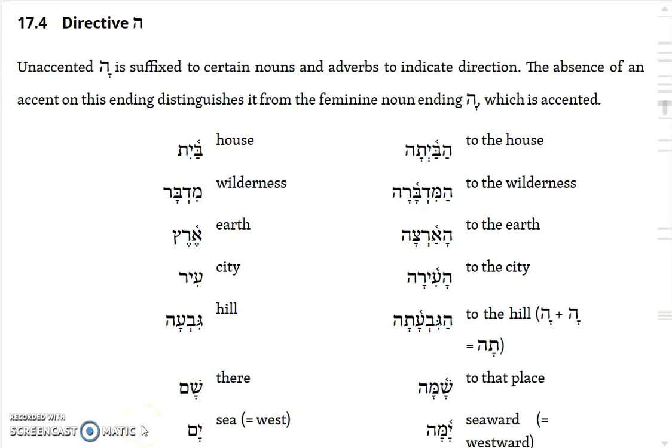Well, let me continue our introduction of lesson 17 by introducing the directive hey. Some grammars call this the old accusative ending. Basically, there is an unaccented qamets hey that is attached to certain nouns and adverbs to indicate direction.